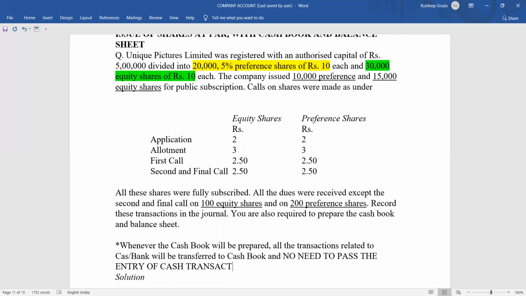All the entries related to cash transactions will go in the cash book, so it is obvious that we are not required to pass separate entries for cash. Cash के लिए अलग से entry करने की जरूरत नहीं है.